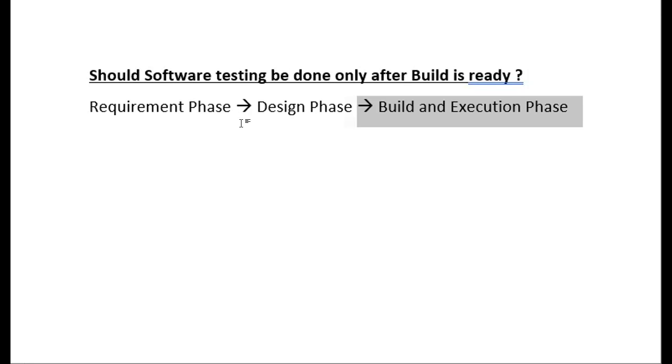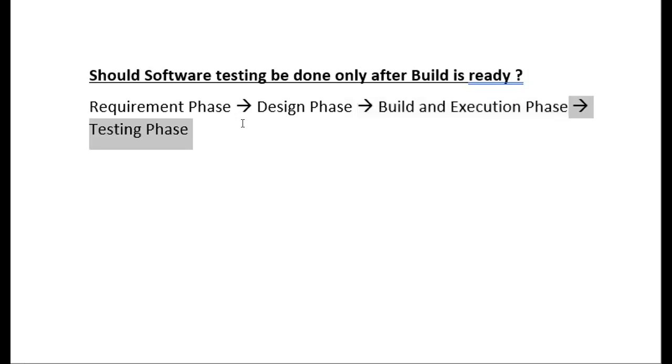After that, the integration is done, and when this whole process is finished, finally comes the testing phase in the SDLC process. In the traditional approach, we run the system test cases, and if the system works according to the requirements, then it's fine.